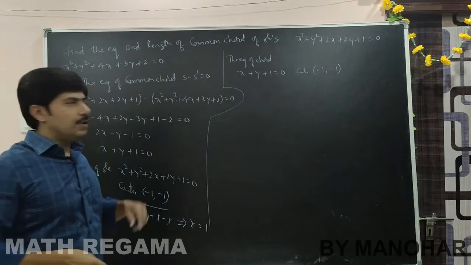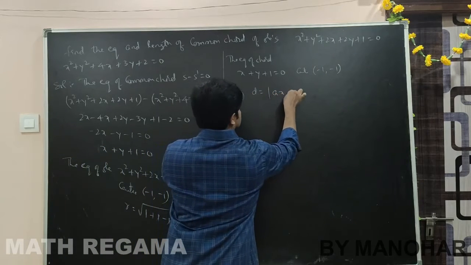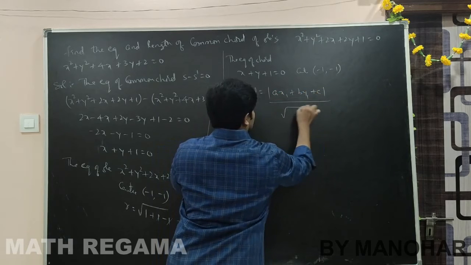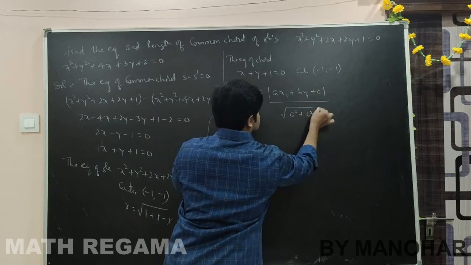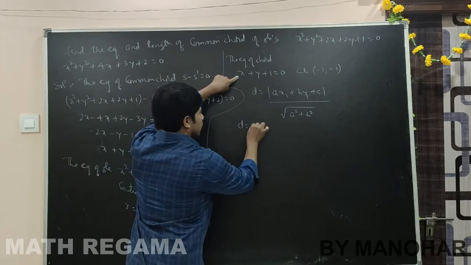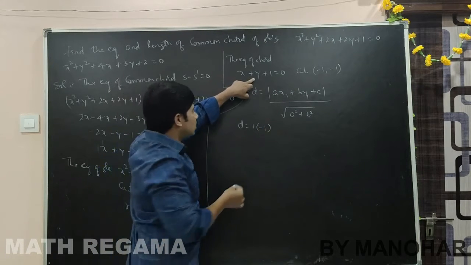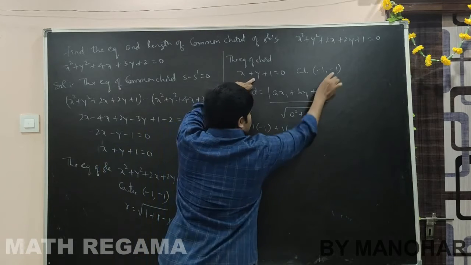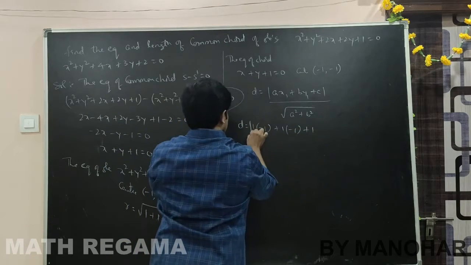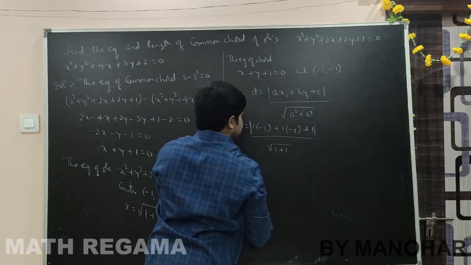Now I'll find out d. So d is equal to mod of ax1 plus by1 plus c, by under root of a square plus b square. So d is the coefficient of x, a value, into x1 from the center, b value is 1 into y1, plus c, that is plus 1, by under root of a square plus b square.